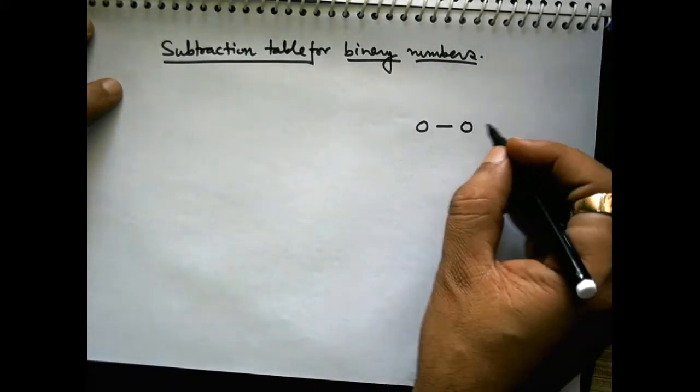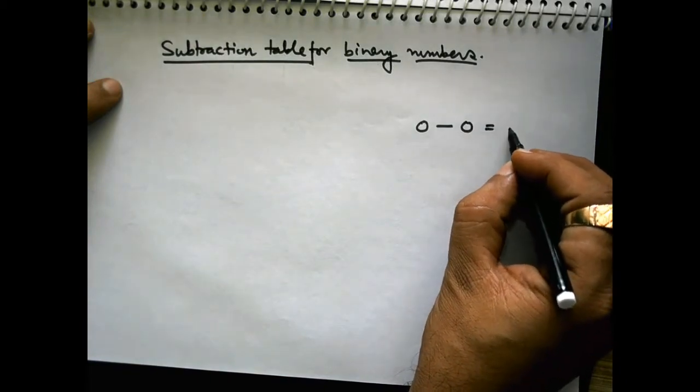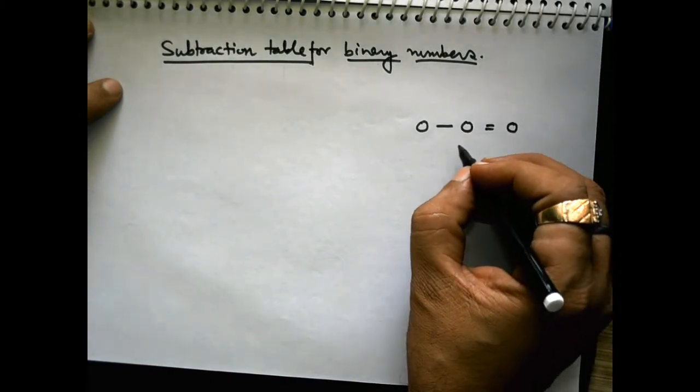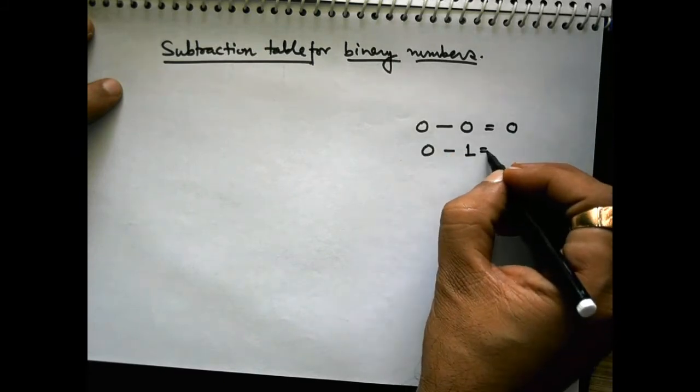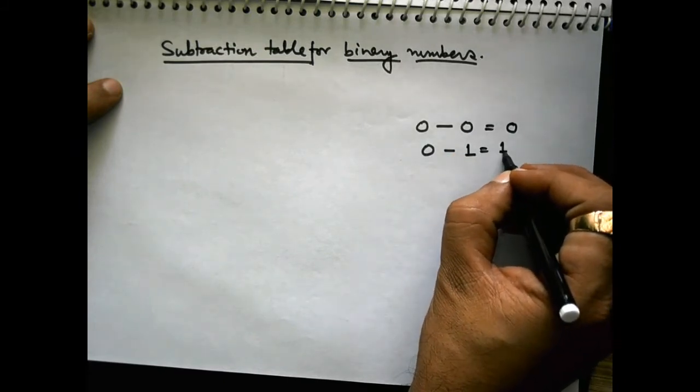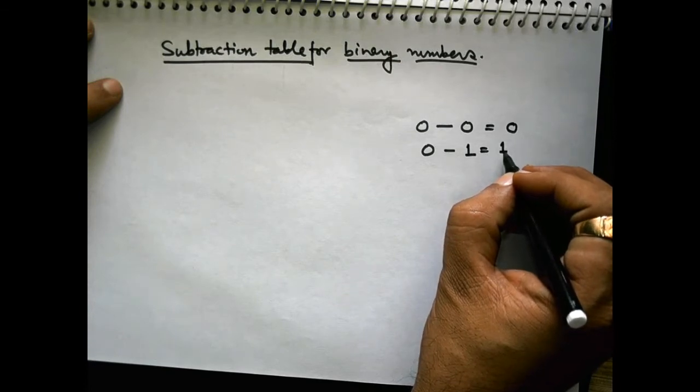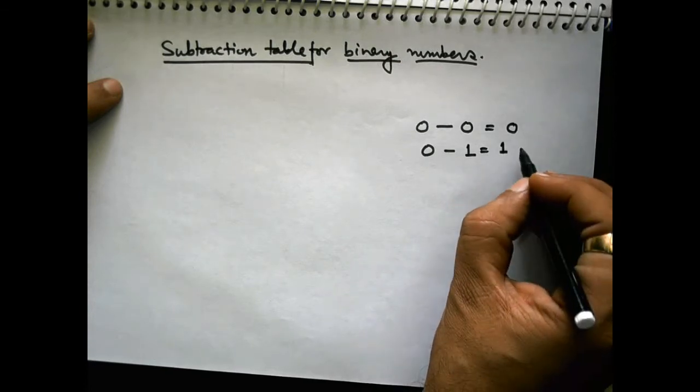Zero subtracted from 0 gives 0. 1 subtracted from 0 gives 1, and borrow 1 from the next column.